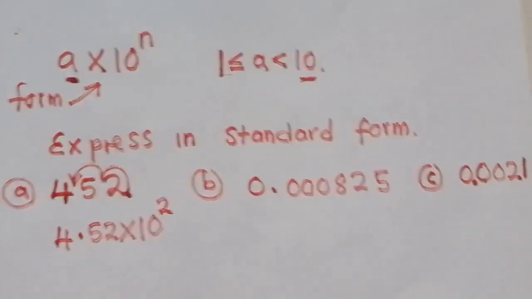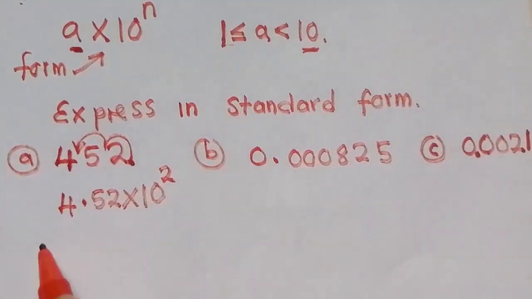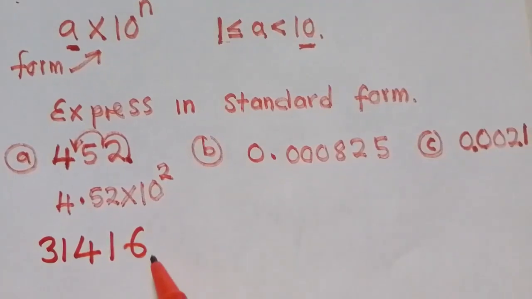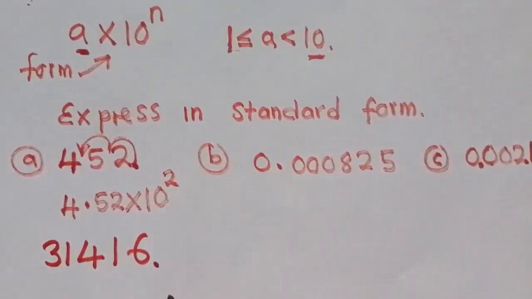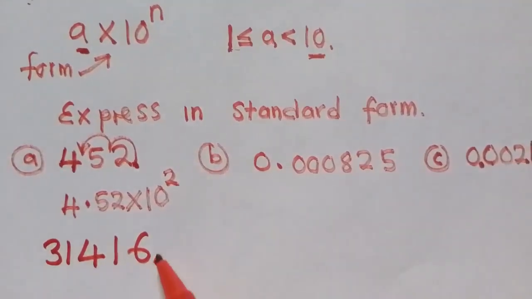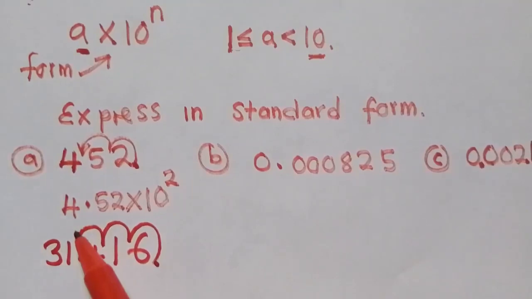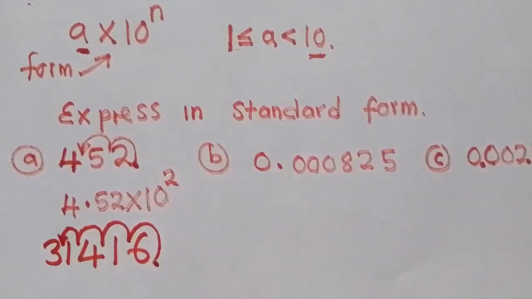Let's say you've got another number, 31416. Then the point is here. Even if there's no point, you need to know that the point is at the end. How many times are you going to move so that you just remain with one number there? 1, 2, 3, 4. So 4 times.